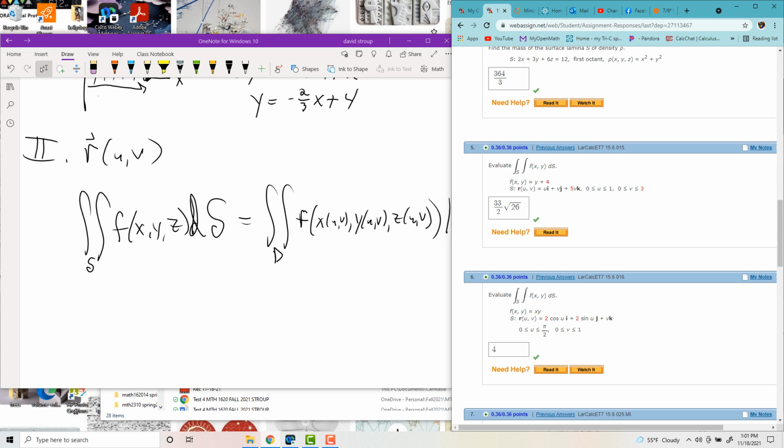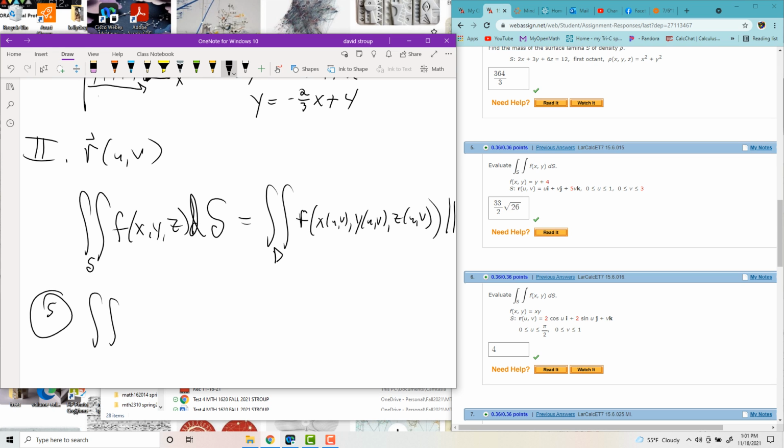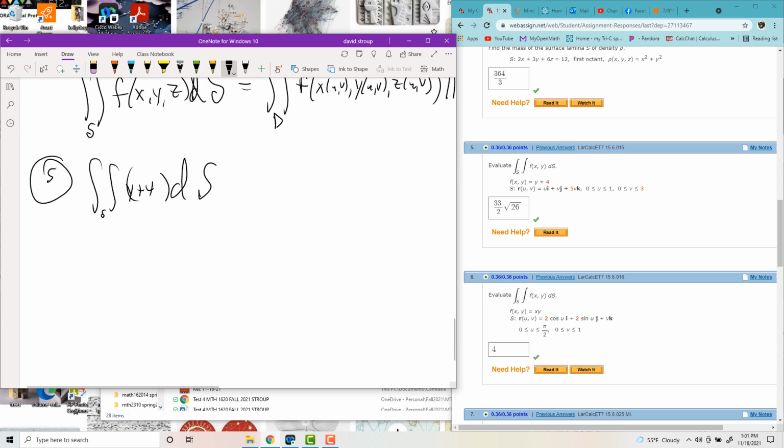We'll just try number 5. So I have the double integral of y + 4 dS, and the surface is going to be r(u, v) = ⟨u, v, 5v⟩, and the region we're integrating over in the uv-plane is some box, right? 0 to 1 on the u-axis, and 0 to 3 on the v-axis.